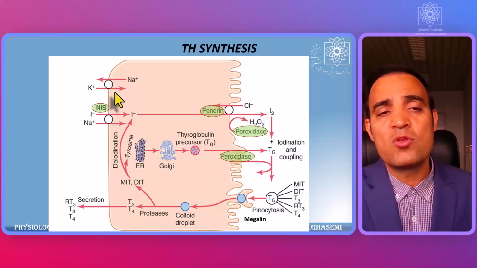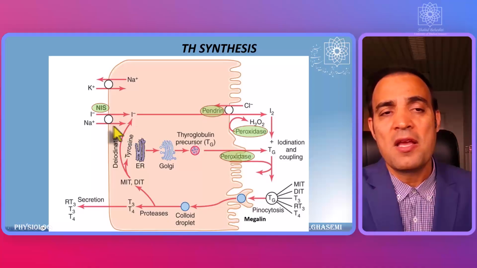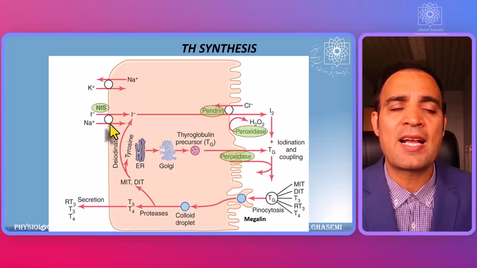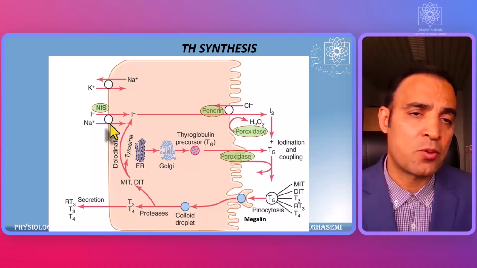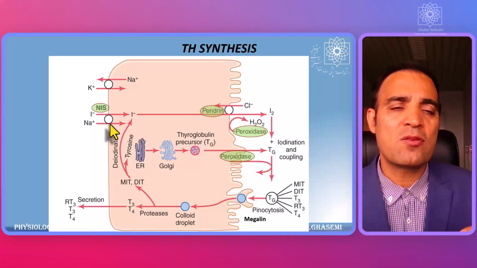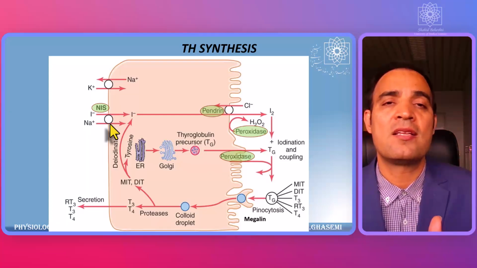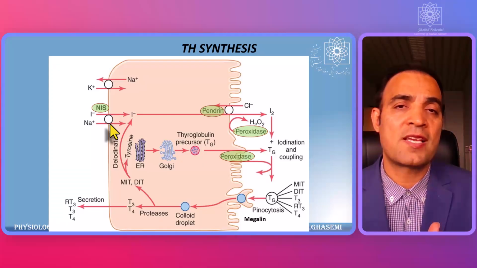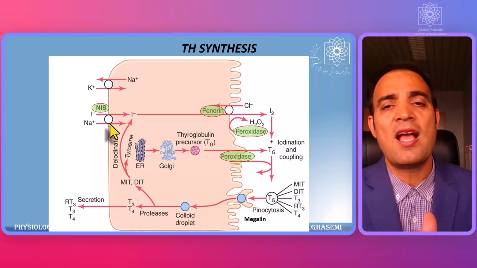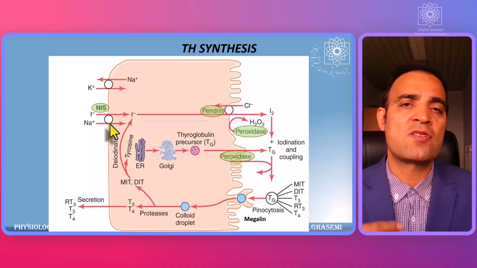Then sodium uses its chemical gradient to enter the cell, and by using a symporter named the sodium iodide symporter, not only sodium enters the cell, but also one iodide ion enters the cell in a secondary active mechanism. Then this iodide will enter the cell, and on the other side of the cell, this iodide will be exchanged with chloride.